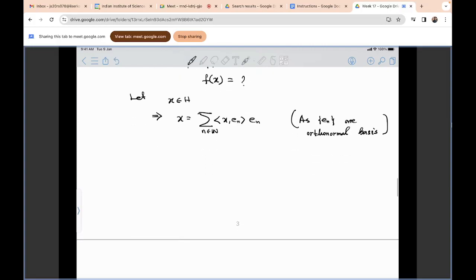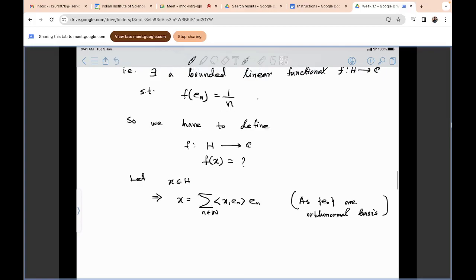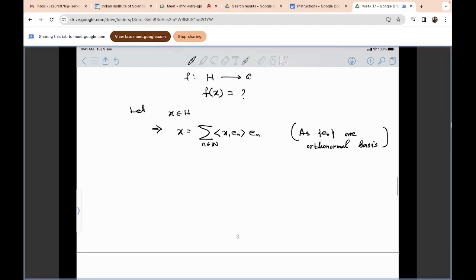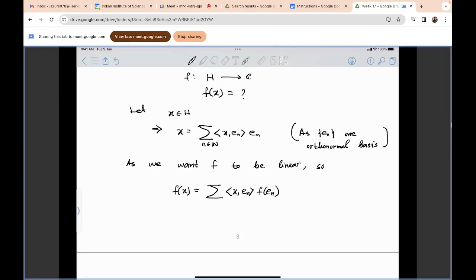Right. Now we want a bounded linear function, so f should be linear. As we want f to be linear, f of x should be given by, so this is a scalar, so it will be f of e_n.